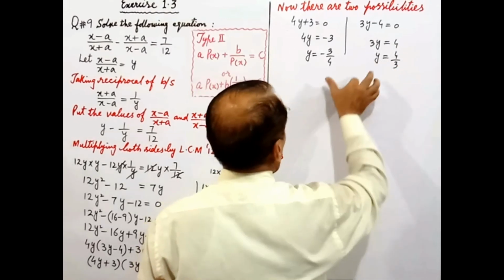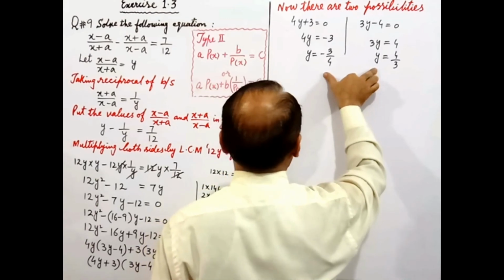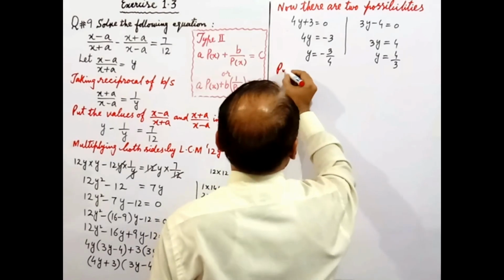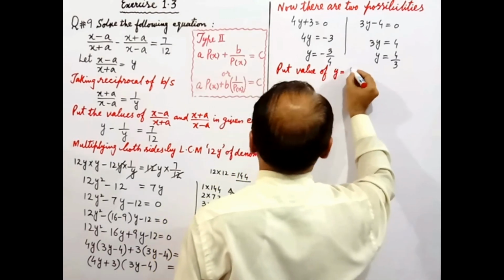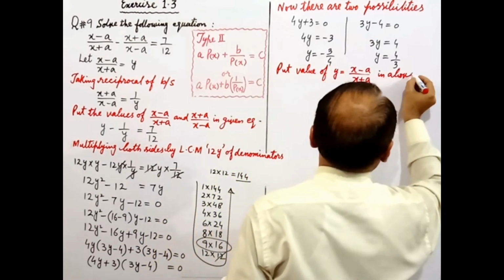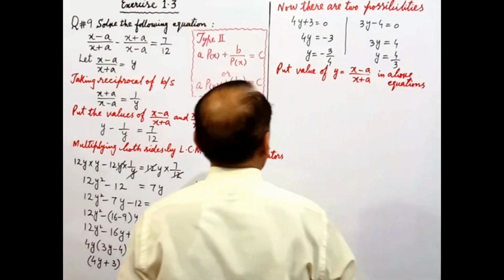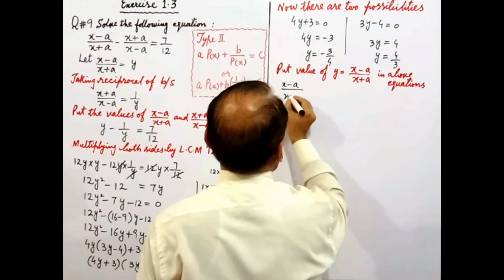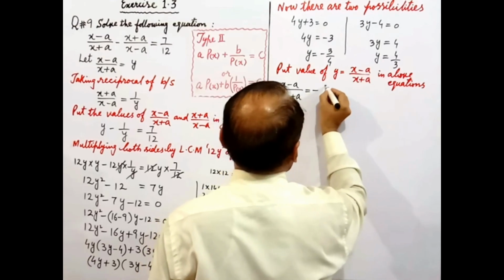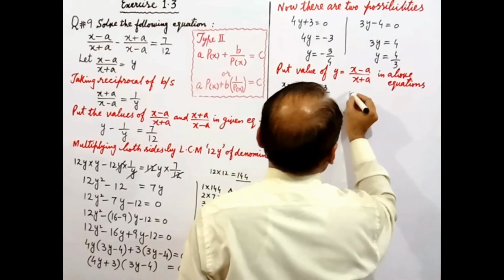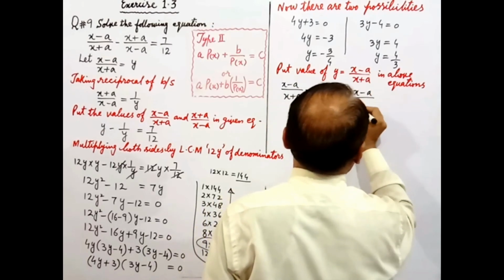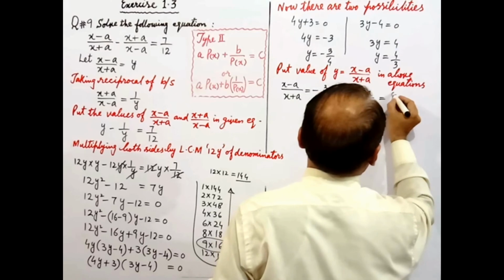Now we put the value of y in these equations by using this relation. We have (x minus a) over (x plus a) is equal to minus 3 by 4. Whereas for the second possibility, (x minus a) over (x plus a) is equal to 4 by 3.